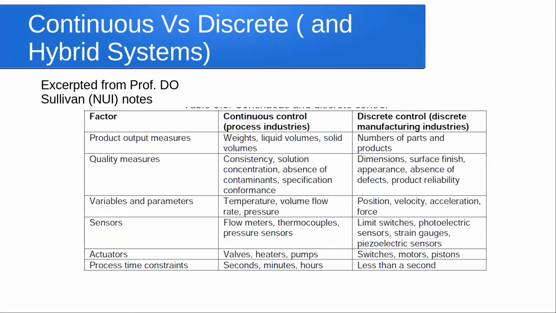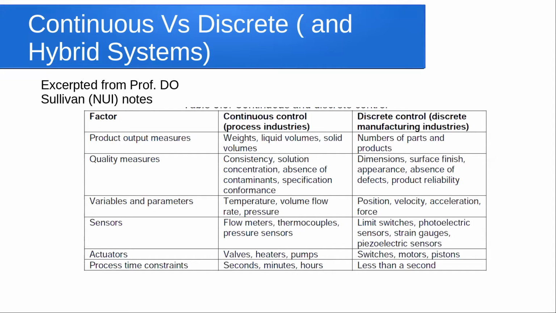And then when we come to variables and parameters, they also fall under two categories. Some variables need to be in the continuous domain, that is the real domain, for instance temperature, volume flow, pressure, etc. But there are controls where velocity is also in the continuous domain. That apart, if we are talking about sensors that read flow, they are continuous sensors, or the ones that read temperature, for instance thermocouples, are also under continuous control.